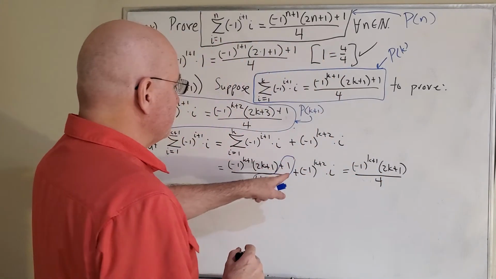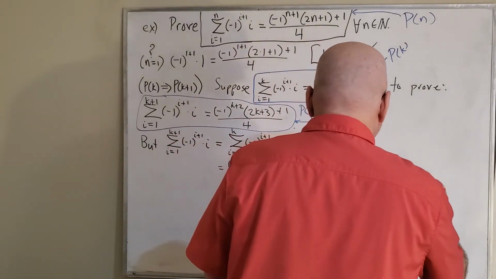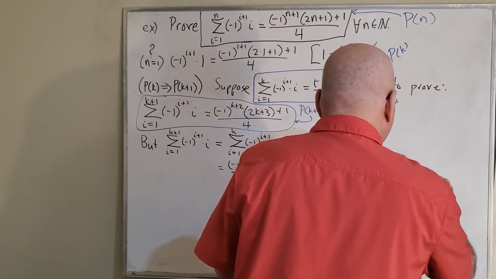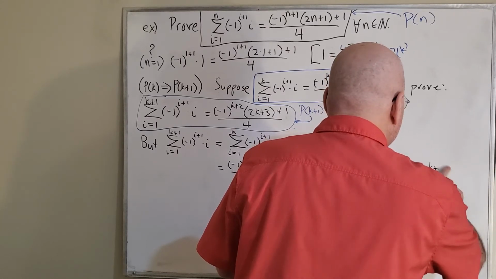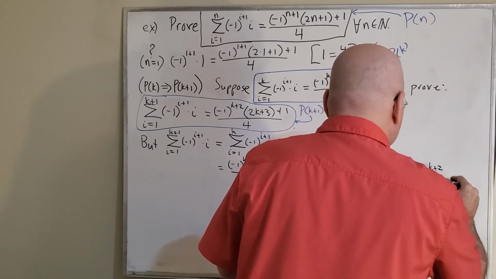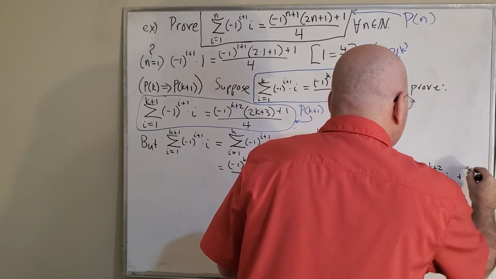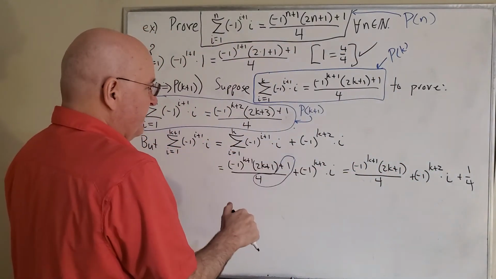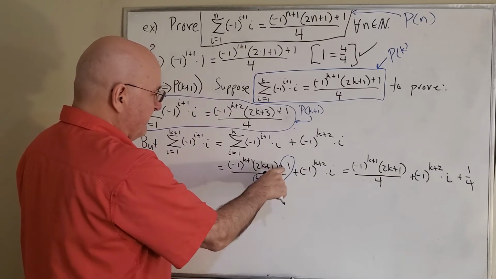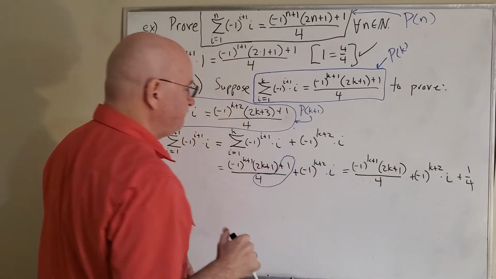And I'm going to put plus 1/4, and I'll do it at the end. Plus negative 1 to the k plus 2 times I plus 1/4. So that plus 1/4 at the end is because I removed the 1 from here.